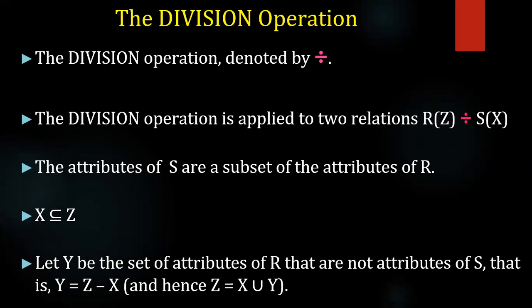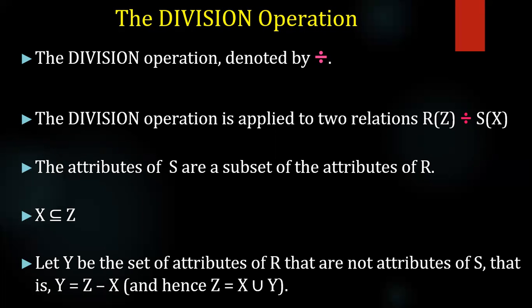Division operation can be derived with the help of different basic operations. Once we apply division operation on relation R and relation S, that is on Z and X attributes, in the resultant relation we will get attribute Y. How do we get Y? It is obtained by applying set difference on Z and X, so Z minus X gives the attributes of the resultant relation.